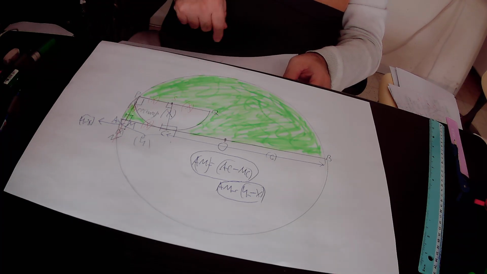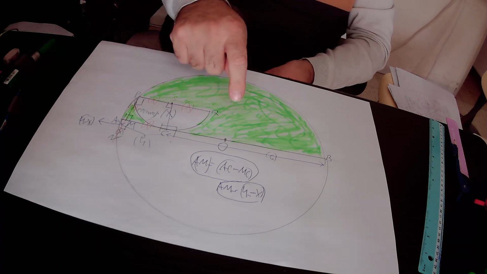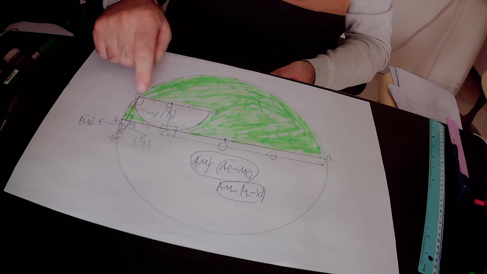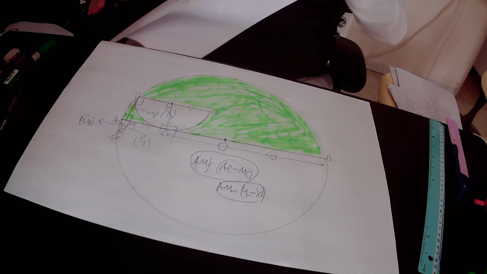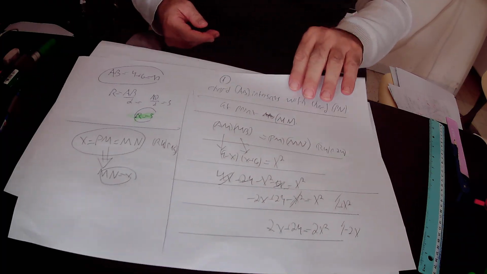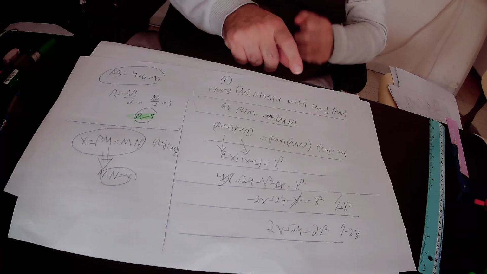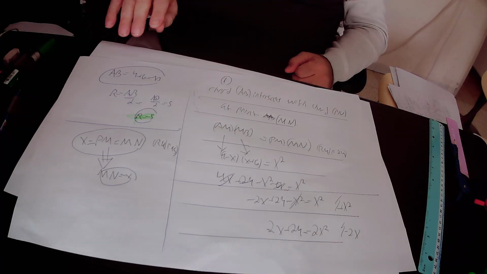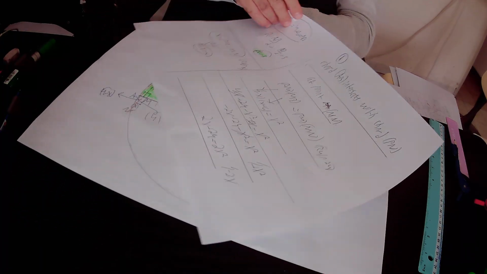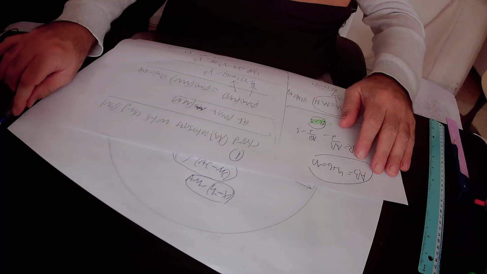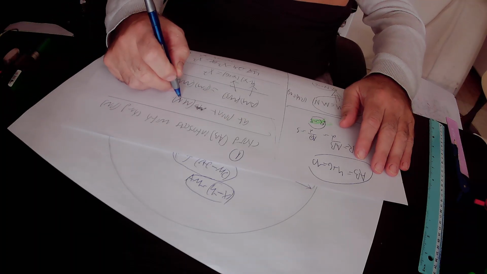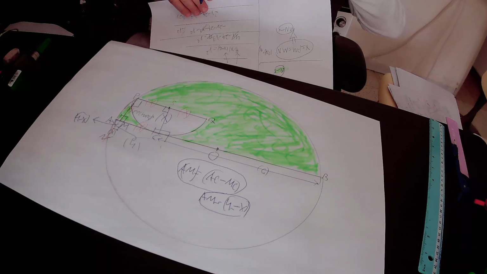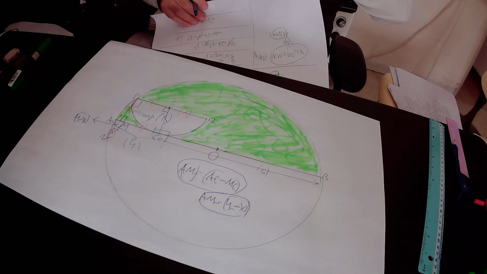Chord AB intersects with chord PN at point M. So all the requirements of rule 24 are satisfied, and therefore we can implement it.